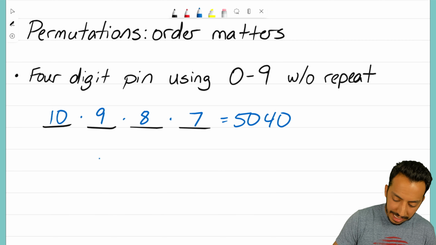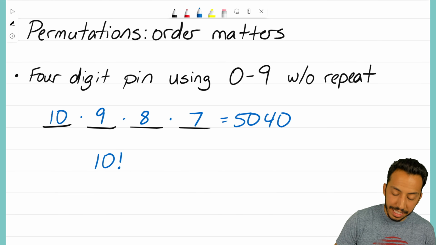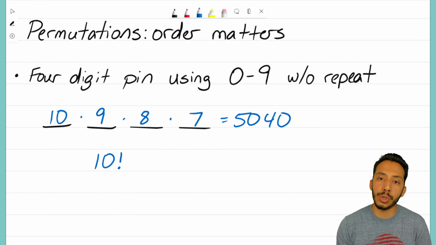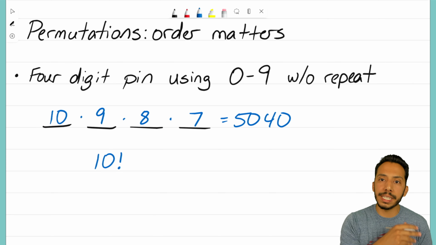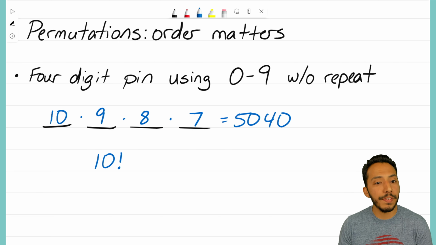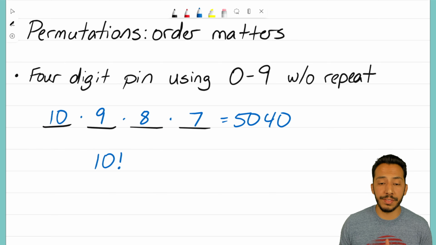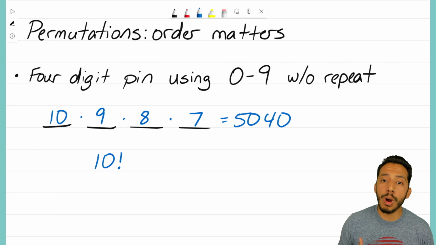It sort of looks like I have 10 factorial, right? We know 10 factorial is 10 times 9 times 8 times 7 times 6 going all the way down to 1, right? But it looks like I've kind of chopped it off there, right? I haven't included all of the numbers in 10 factorial. I sort of removed the parts that I don't want.